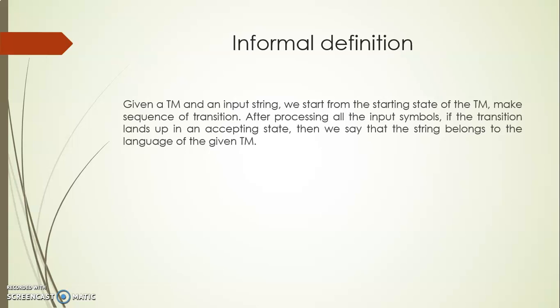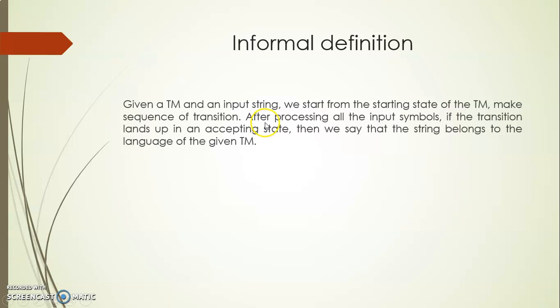I'll make some sequence of transitions, and when I have processed all my input symbols, if I land up in an accepting state, I say that that string can be included in the language of that particular mathematical model. This rule is common for all the mathematical models that we have seen: finite automaton, PDA and Turing machine. Here also the same rule applies.